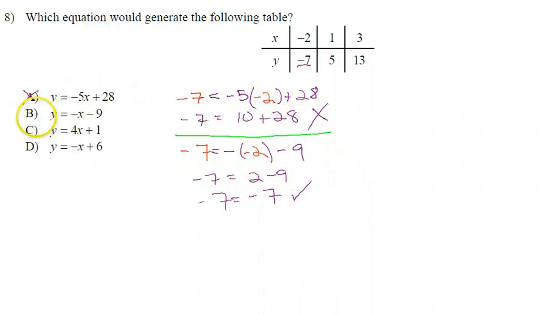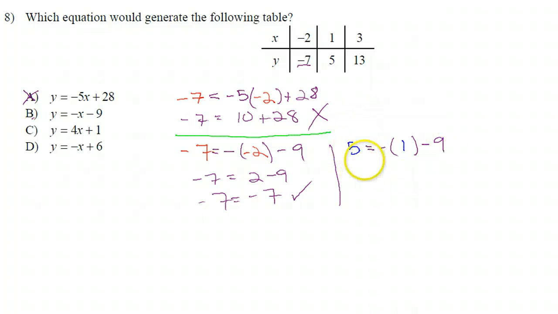So we're still working on this B, seeing does it work for the other 2. So now I'm going to plug in 1 for x and 5 for y. So let's see, so I have 5 is equal to -x, but this time I have a 1 for my x, and then -9 again.